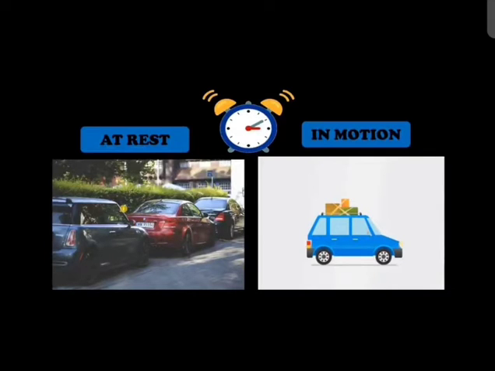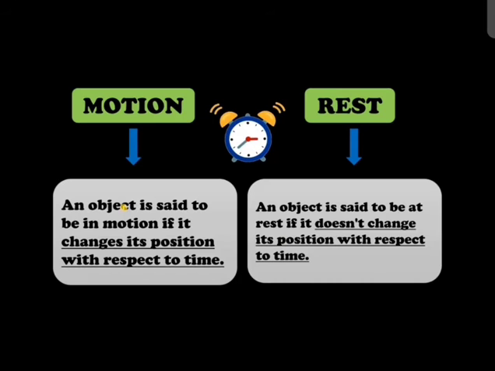You can see here also, an object is said to be in motion if it changes its position with respect to time, and an object is said to be at rest if it doesn't change its position with respect to time. So the objects are of two types, one at rest and the other in motion.